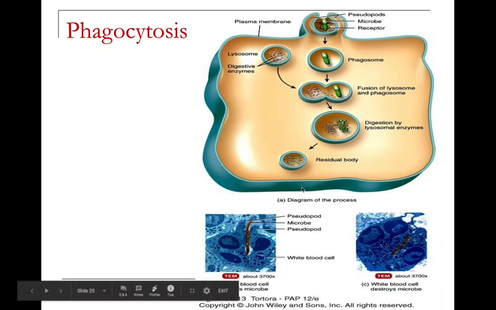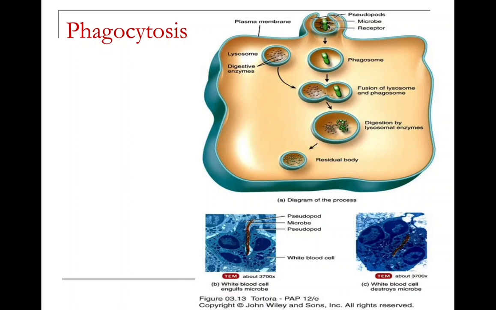Here we're looking at phagocytosis. You wrap the cell membrane around a little particle, in this case a microbe. It's going to engulf it, doing phagocytosis. The pseudopodia wrap around it and take it in. A lysosome fuses with it and dumps the enzymes in there to digest it.